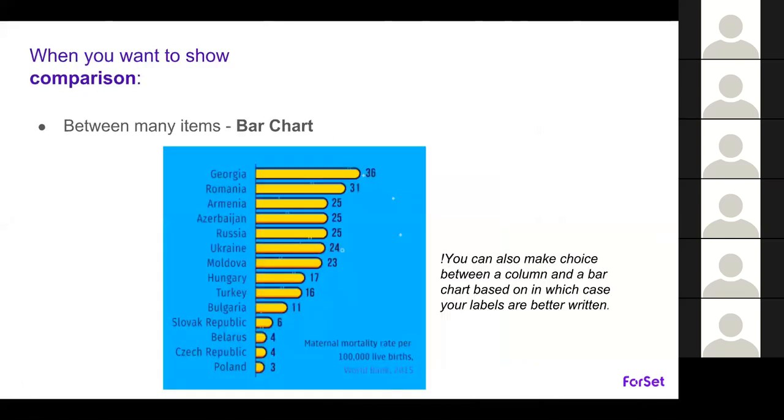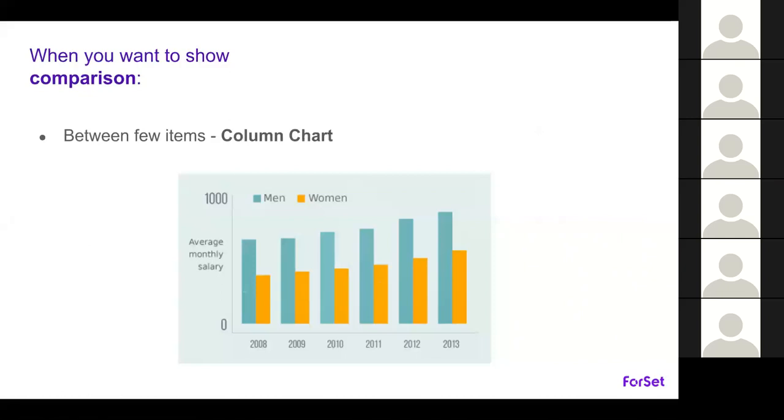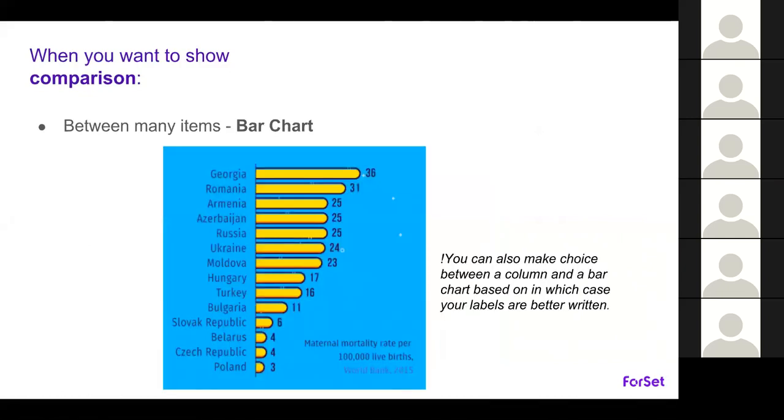If we want to show a comparison between many items, we can use a bar chart. So this one was a column chart, this one is a bar chart. Imagine that when you are creating a chart for your A4 publication, for example, you have very limited space for the horizontal chart, but you have bigger space for the vertical chart. So it's much better to use a bar chart when you want to include more items.